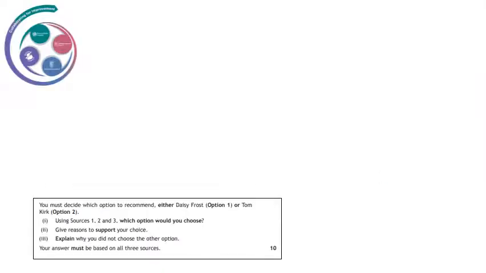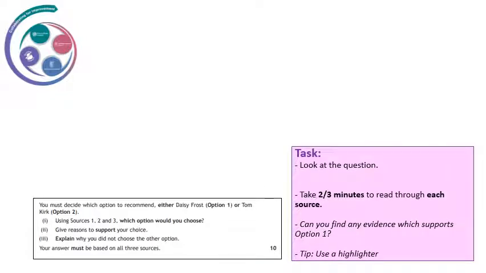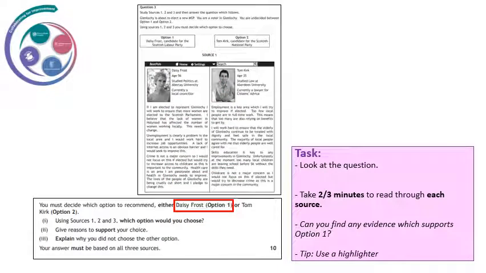Now, your task. Look at the question and, like previously, take between 2 and 3 minutes to read through each source of information. And for example purposes, we're going to focus on choosing option 1, Daisy Frost for MSP. Here is what source 1 looks like.